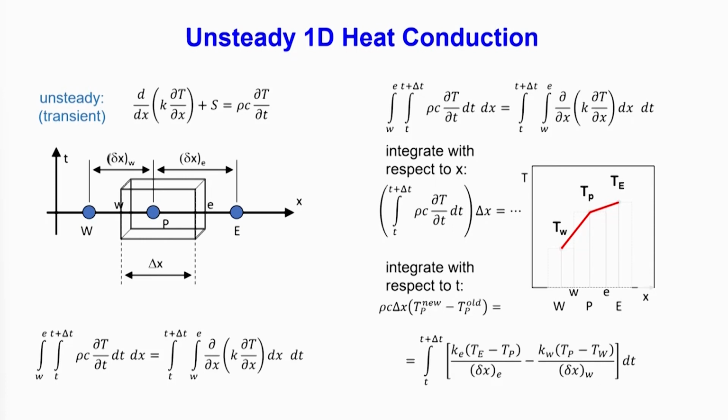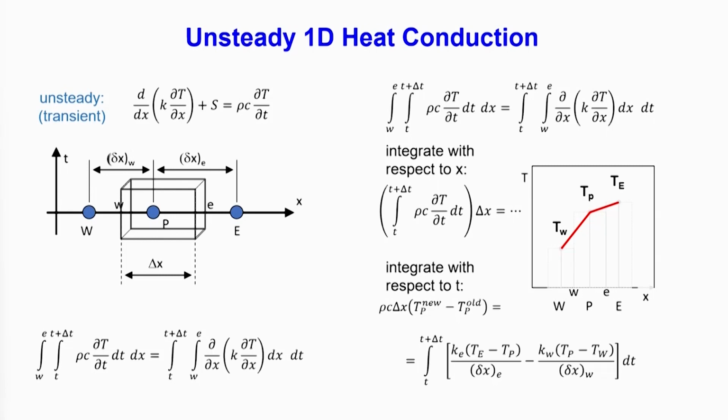Number one, the space terms which you have discretized also have to be integrated over time, and the time dependent term also has to be integrated over time. Because it is a continuous function, it does not matter whether you do the time integration earlier or the space integration earlier. So, for the time derivative we will do the time integration earlier, for the space derivative we will do the space integration earlier.